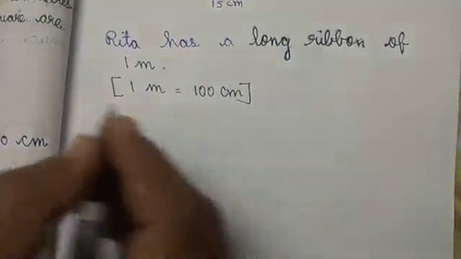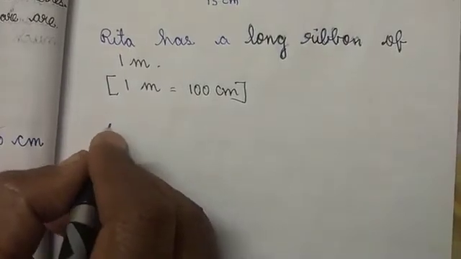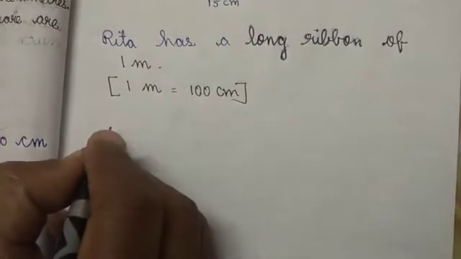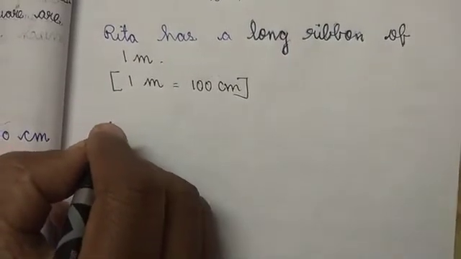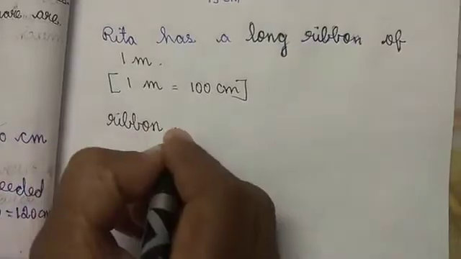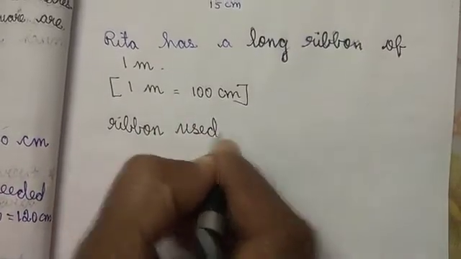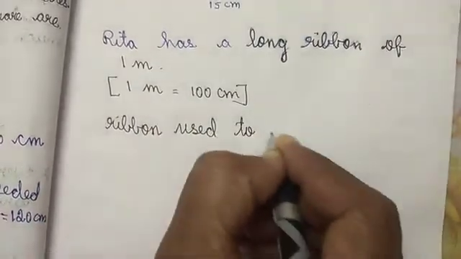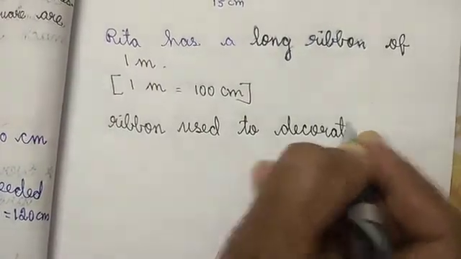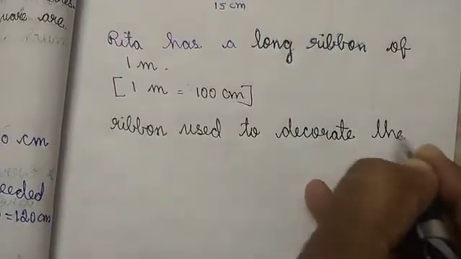Okay, so she used ribbon to decorate her handkerchief. So what you have to write? Ribbon used to decorate the handkerchief.